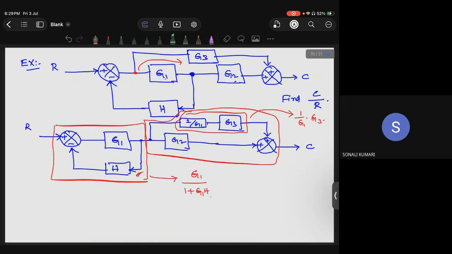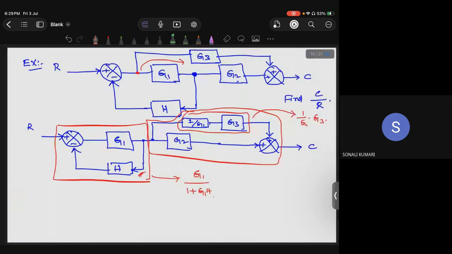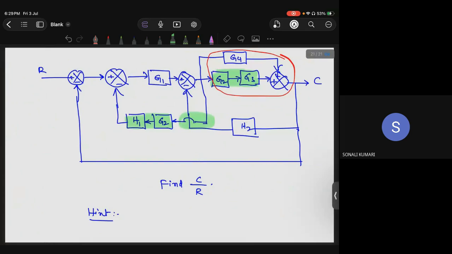Here I've added this 1 by G, for cancelling the effect. That kind of block we can add so that the final output is unchanged. Now note down the entire problem and find C by R. So this is the surprise test.